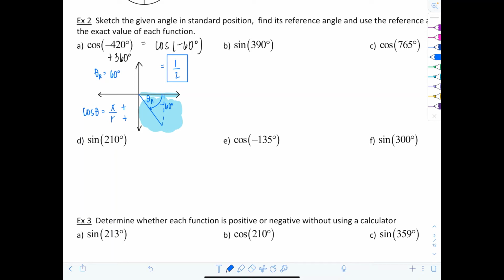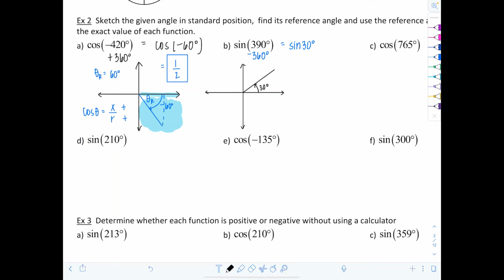Okay, good. Let's do another one, sine of 390. Again, I noticed that that's larger than 360, so this is going to be coterminal with sine of 30 degrees. If we draw out that angle, 30 degrees, it's an acute angle, so its terminal side is going to be in quadrant 1. So 30 degrees this way.